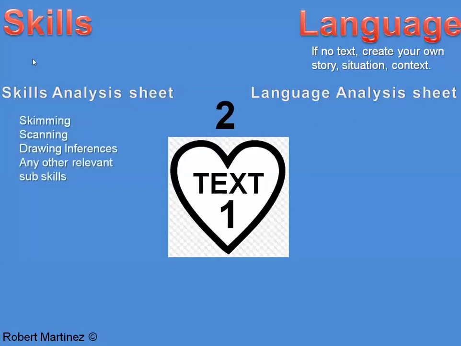So in terms of skills, you would be thinking carefully about how you're going to be working on developing their skimming skills or listening for gist or reading for gist, how you're going to be developing their scanning for details or listening for details, drawing inferences, if that is a sub-skill that you want to focus on. Here it is obviously an example, or any other relevant sub-skill.